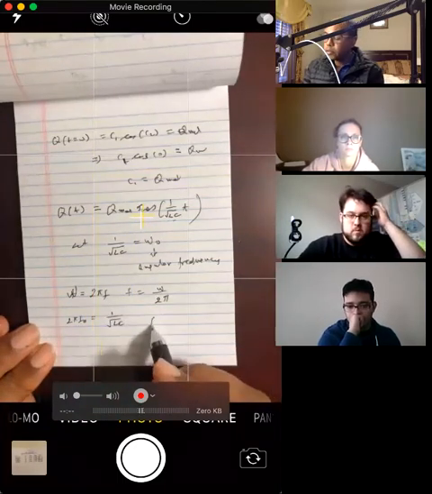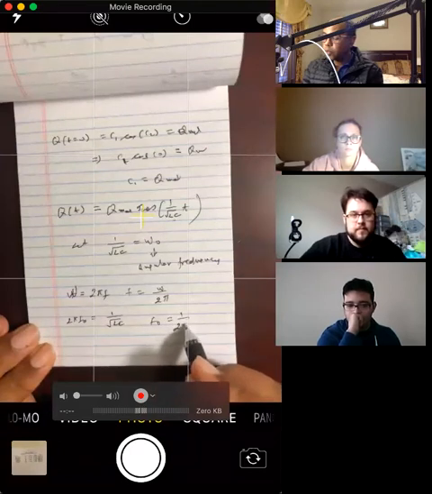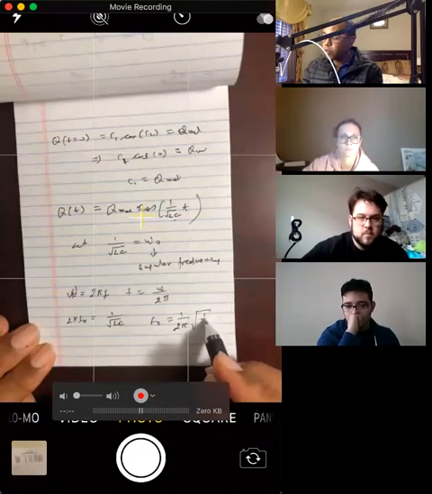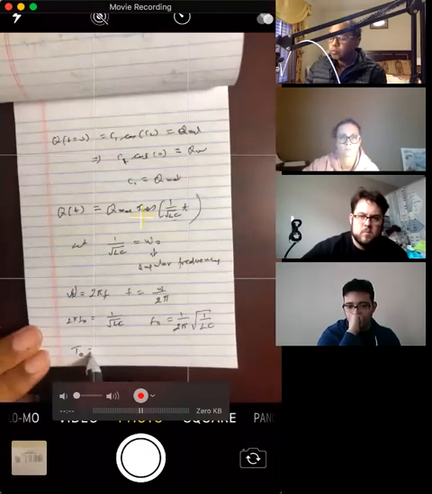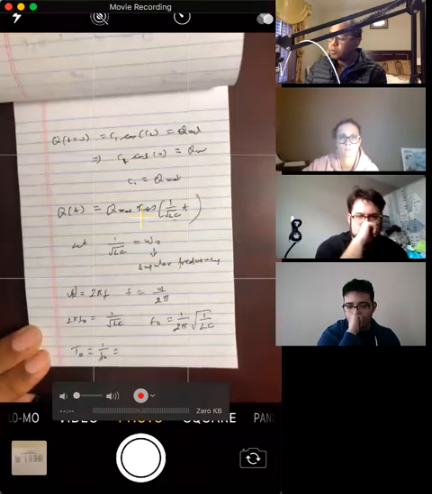So the frequency is 1 over 2 pi times the square root of 1 over LC. And of course, the period for this one will be 1 over f naught, and that will be 2 pi square root of LC.